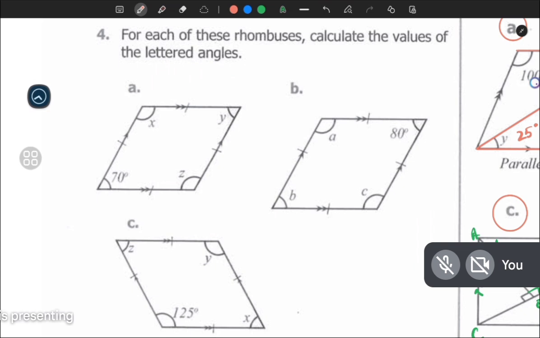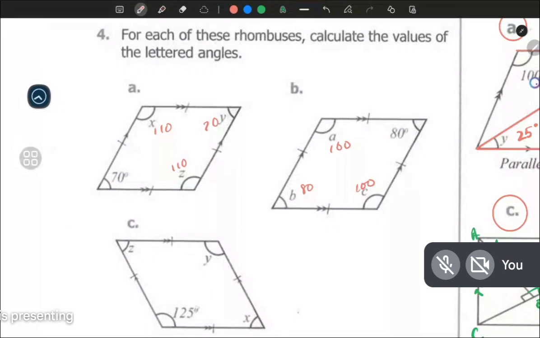You're done? Yeah. Tell me. X is 110, Z is also 110, and then Y is 70. A is 100, B is 80, C is 100.